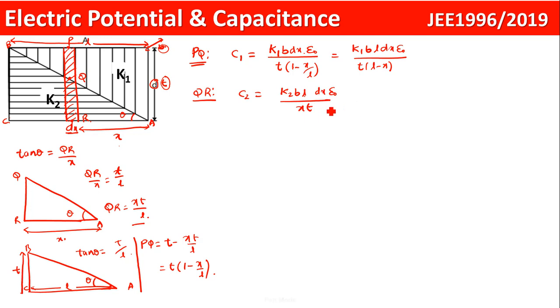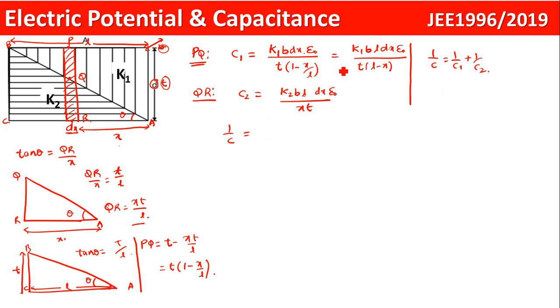Fine. So now these are your capacitances C1 and C2. If you see properly, both PQ and QR are connected in series, so 1 by C is equal to 1 by C1 plus 1 by C2. Now let me find this equivalent capacitance, let us say C.